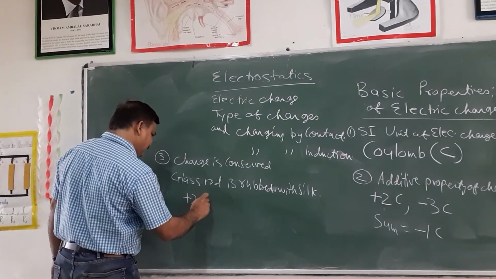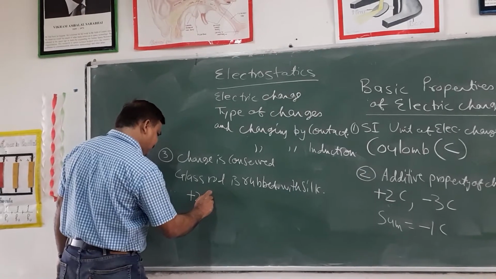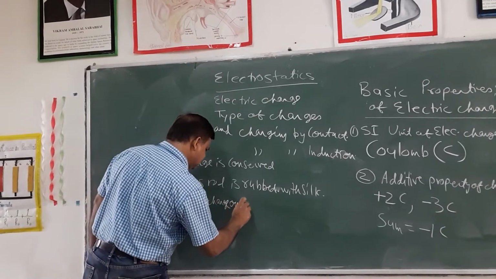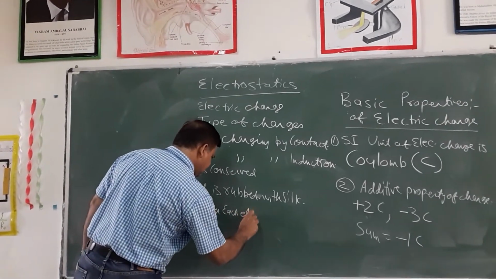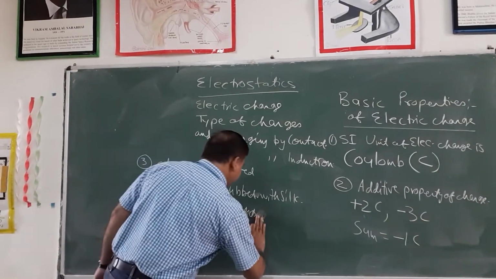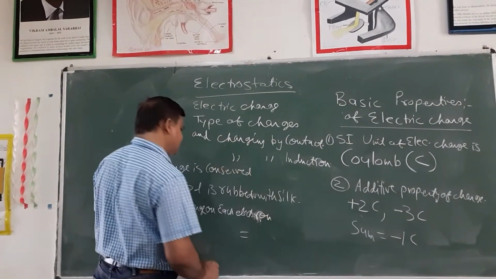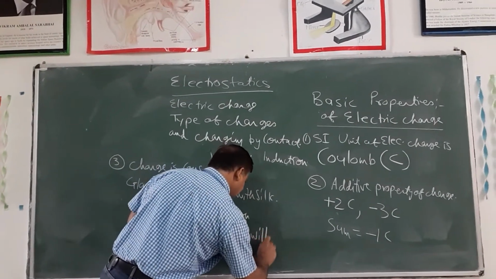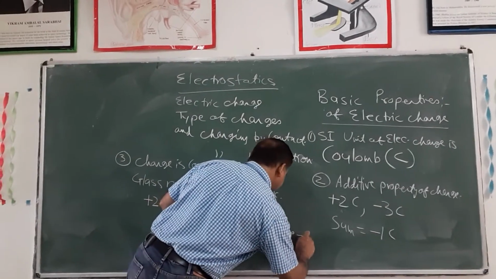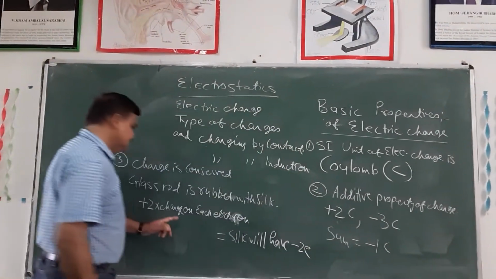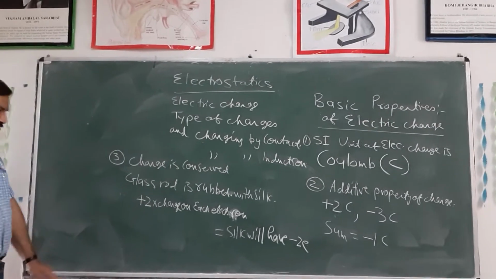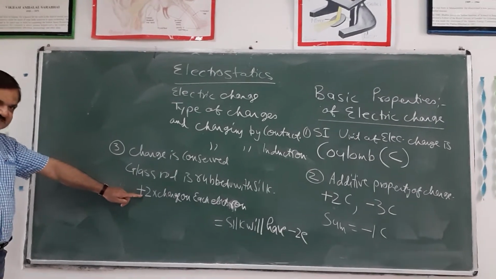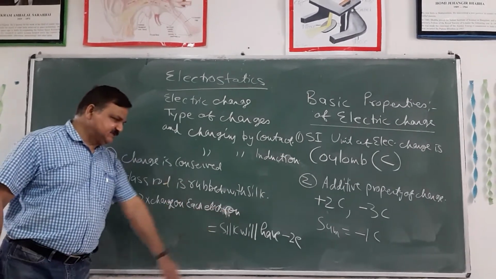It will have plus 2 into the charge on each electron. Similarly, silk will have minus 2e, where e is the charge on each electron. So after rubbing, glass rod will develop plus 2e charge and silk will develop minus 2e charge.